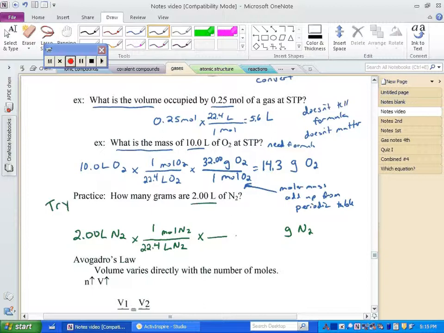So now we bring moles to the bottom and grams to the top. Grams we get from the periodic table, and moles is 1. So we have 2 times 1 divided by 22.4 times 28.02 divided by 1. And we get 2.50.